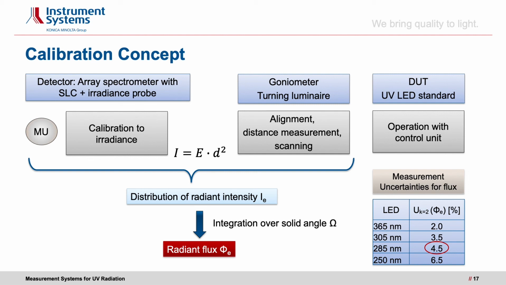The measurement uncertainties for the radiant flux are given in the lower right corner, and even in the UVC range it is 4.5% with sigma 2 or k=2, giving a 95% confidence that the value will be in this range, plus or minus 4.5%, which is actually very low, and in the UVA range it is as low as in the visible range at 365 nanometers.